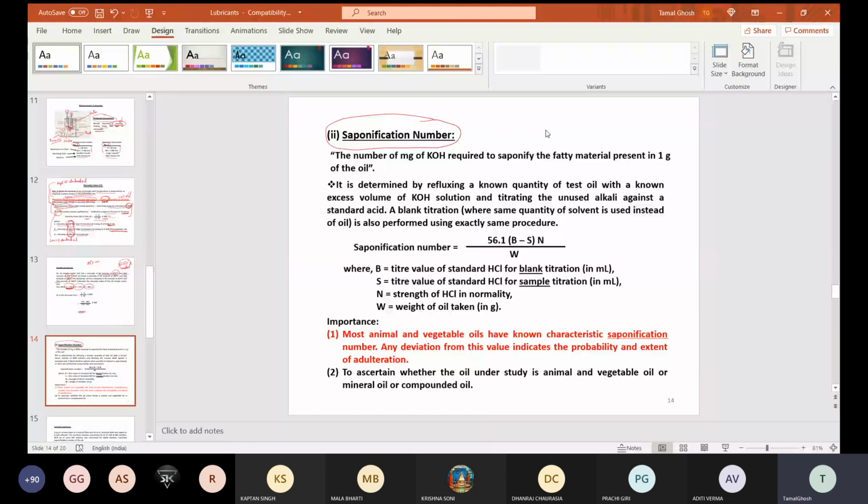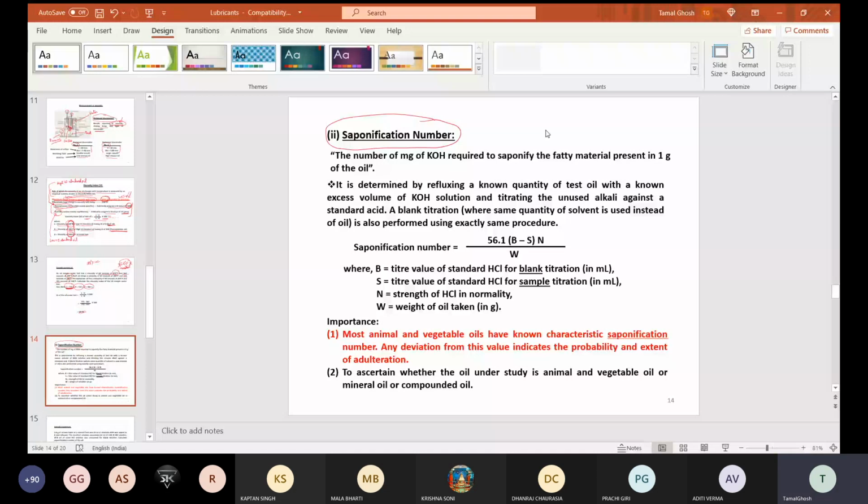That was an organic chemistry concept. In the saponification number, this is an extremely old concept, being used for more than 100 years. So this is the saponification number determination.